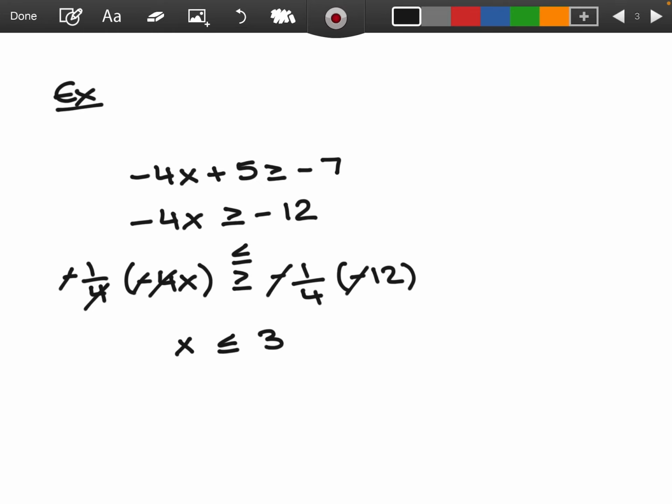Now we have to look at any kind of inequality that involves two variables, two unknowns. When we do this, you are dealing with equations and you are dealing with functions, things that we would draw as a line or as a plane, okay?